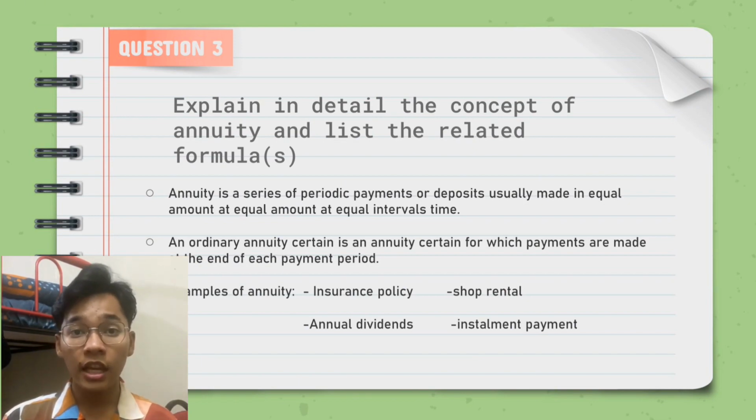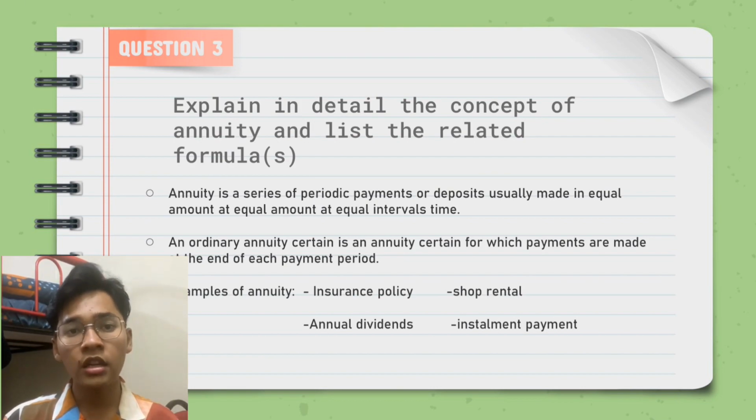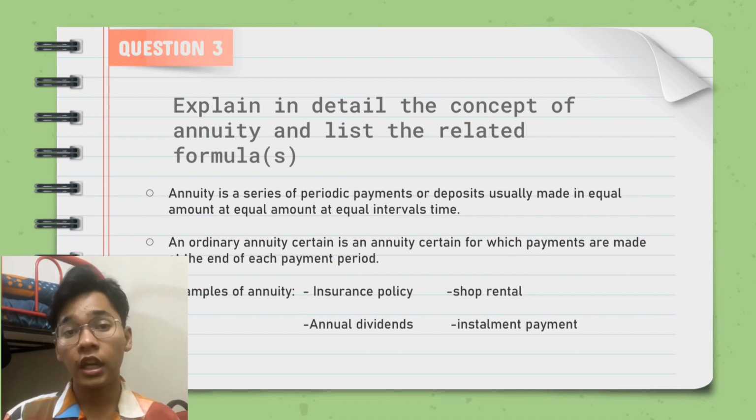The question is, explain in detail the concept of annuity and list the related formulas. Annuity is a series of periodic payments or deposits usually made in equal amounts at equal intervals of time. An ordinary annuity certain is an annuity certain for which payments are made at the end of each payment period. Examples of annuity are insurance policy, shop rental, annual dividends, and installment payment.